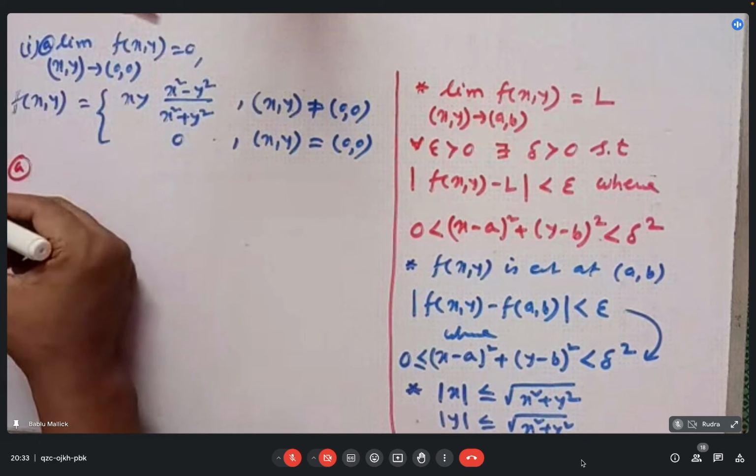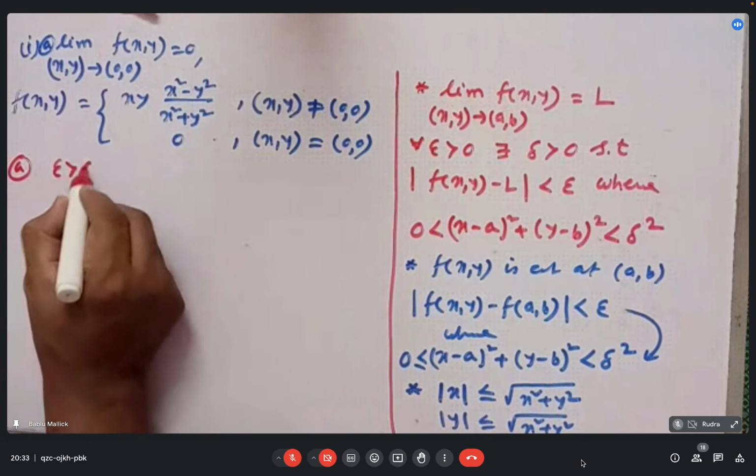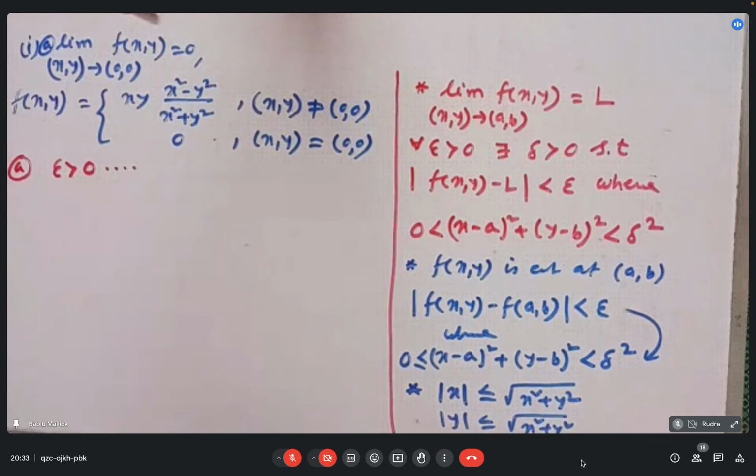Question A is a question of limit. Write: let epsilon greater than 0 be any number.